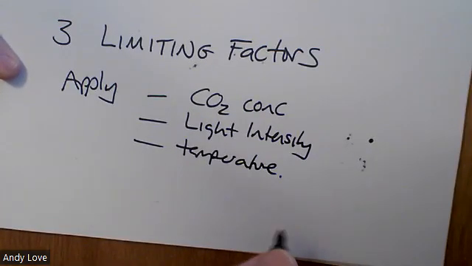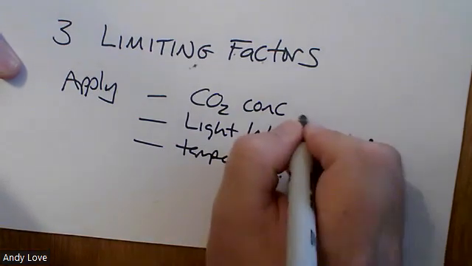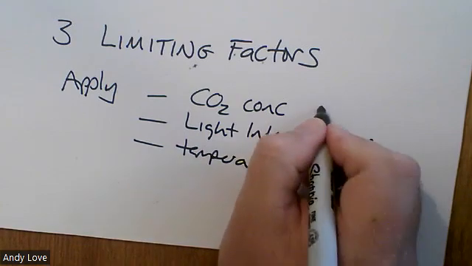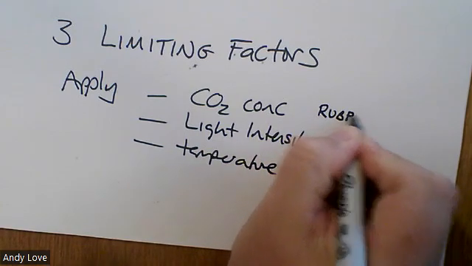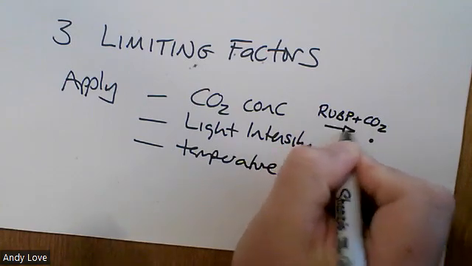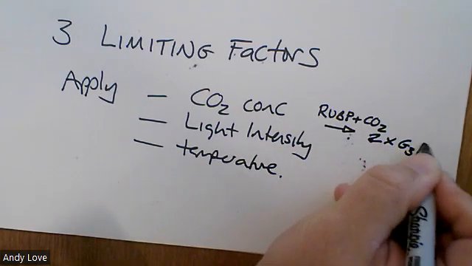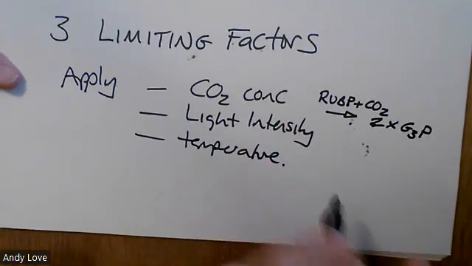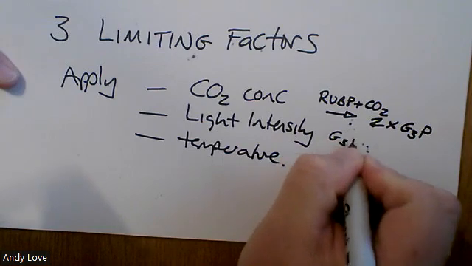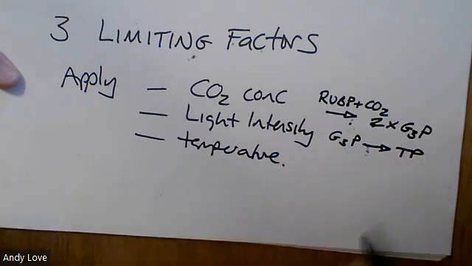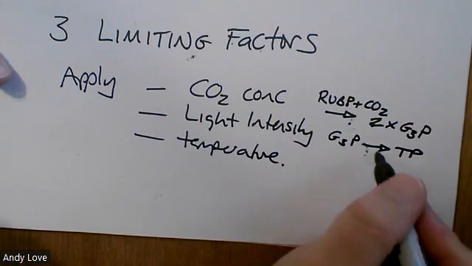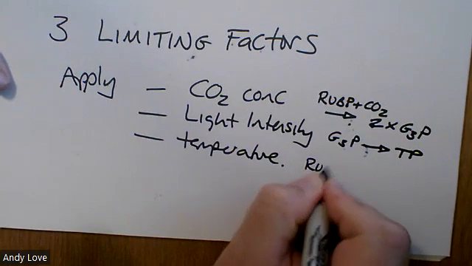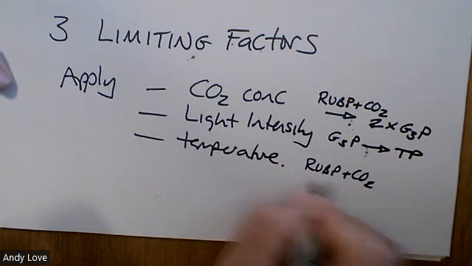The CO2 concentration will affect the conversion of RUBP and CO2 into 2 lots of G3P. That's going to be the key reaction that is affected. Light intensity is going to affect your G3P being reduced to TP, because you won't have the products of the light-dependent reaction. And temperature is going to affect RUBP joining on with CO2, because it's rubisco.